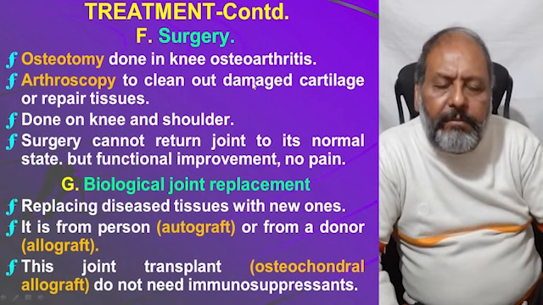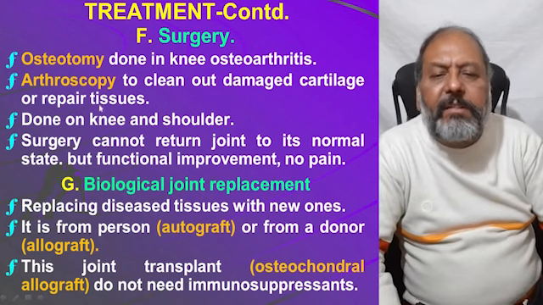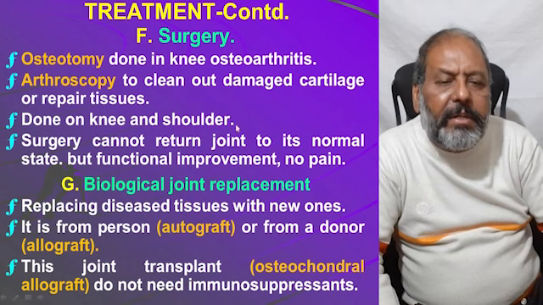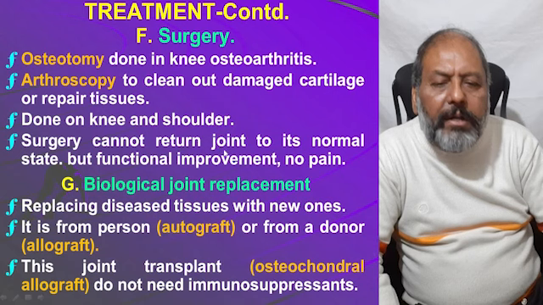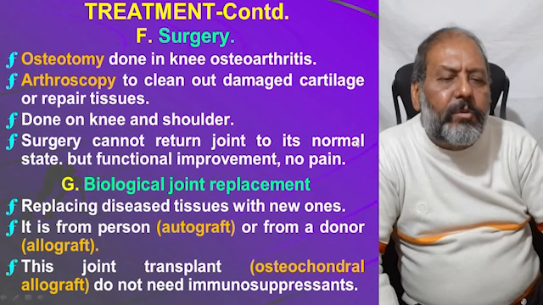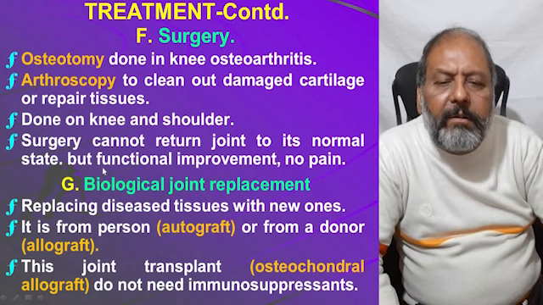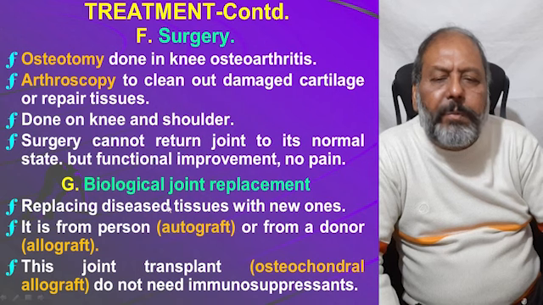Arthroscopy, as I have already told you, is to clean out damaged cartilage or to repair the tissue. It is done on the knee and the shoulder. All kinds of surgery cannot return the joint to its normal state as made by the God Almighty, but functional improvement is there and there is no pain.